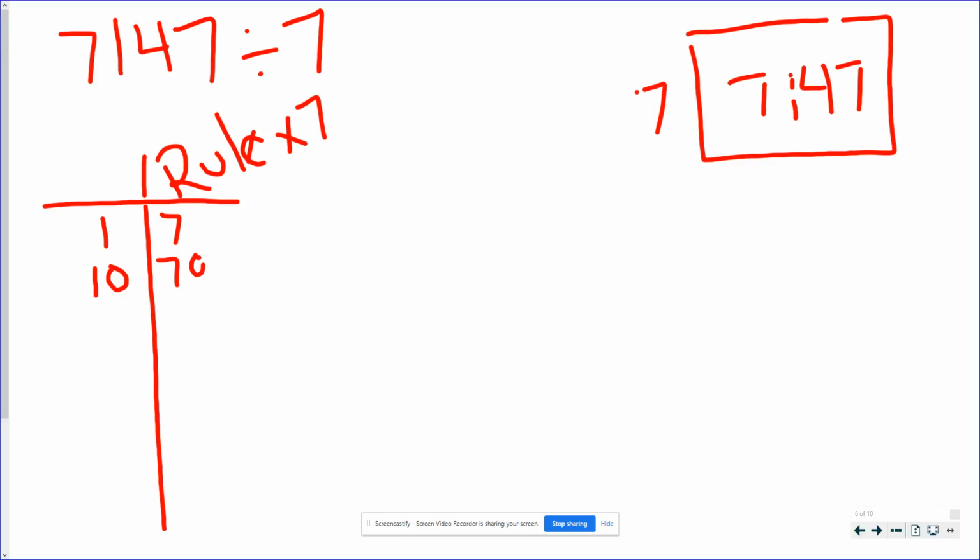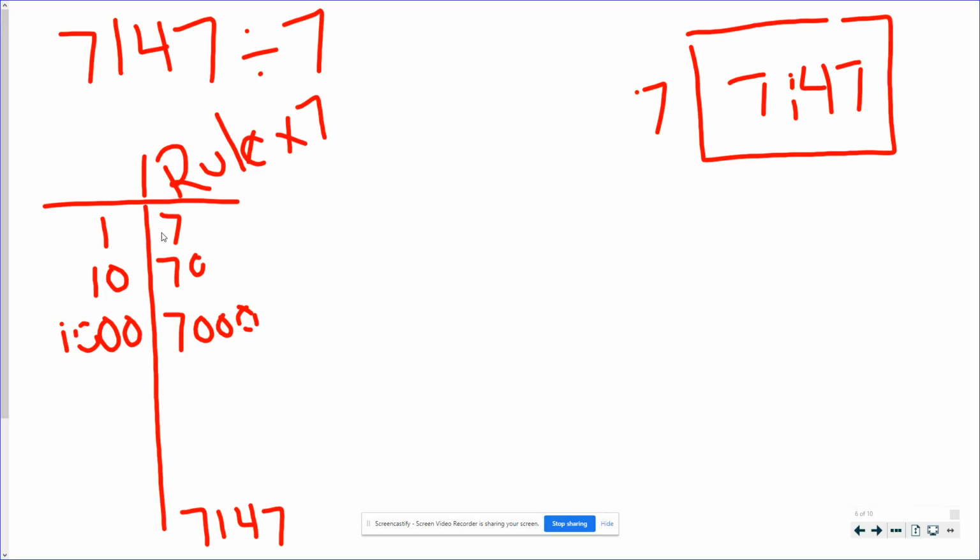Oops, I forgot to put in what we are working towards. We are working towards a 7,147. If I go by tens, it's going to take a long time. So I'm thinking about making a huge jump. How about 1,000? 1,000 times 7 is 7,000. That gets me a lot closer to my total, my goal.